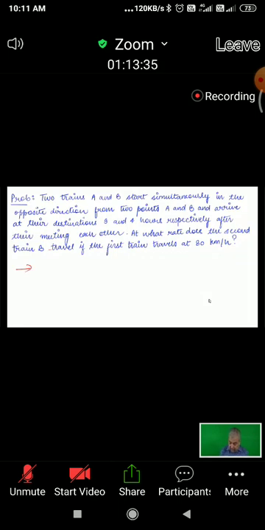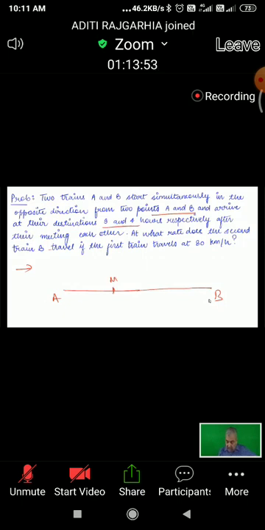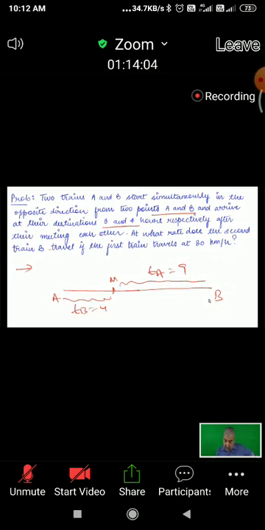The question is: two trains A and B start simultaneously in the opposite direction from two points A and B and arrive at their destinations 9 and 4 hours respectively after their meeting point. This is the meeting point. So the train from A takes DA time, that is 9 hours, and the train from B takes DB time, that is 4 hours.